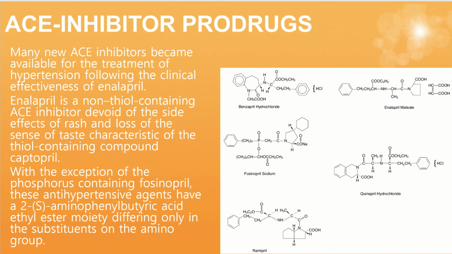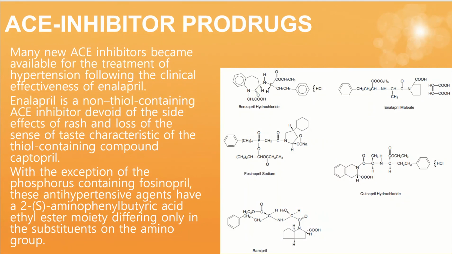All right, so many new ACE inhibitors became available for the treatment of hypertension following the clinical effectiveness of enalapril. On this slide, we have several of these ACE inhibitor prodrugs.